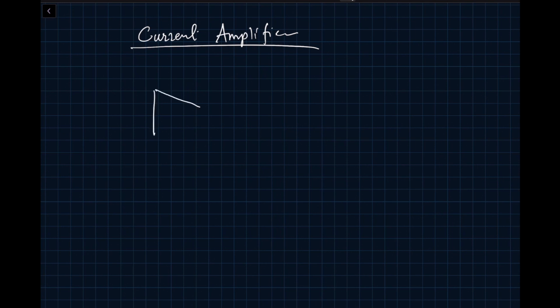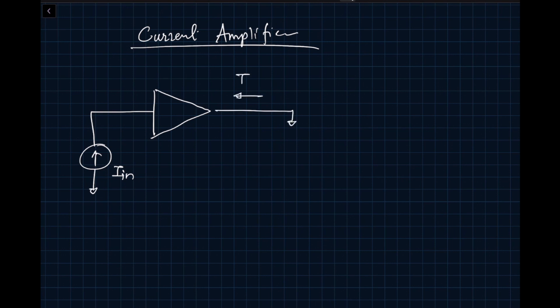The last configuration is the current amplifier, and in this case we have current in and current out, I in and I out, and this is your current gain AI. So in this case what we would like to see is Rin equal to 0, but Rout should be equal to infinity, because output is a current source, so we would like to see very high output impedance.